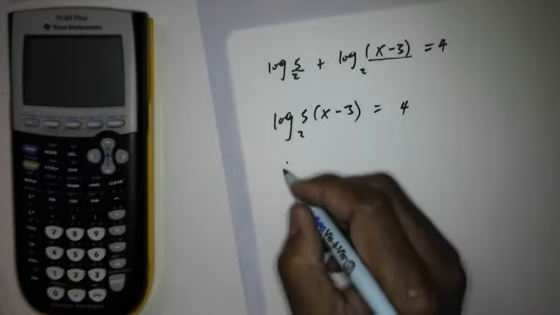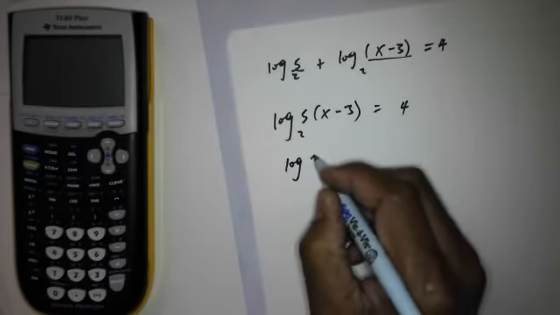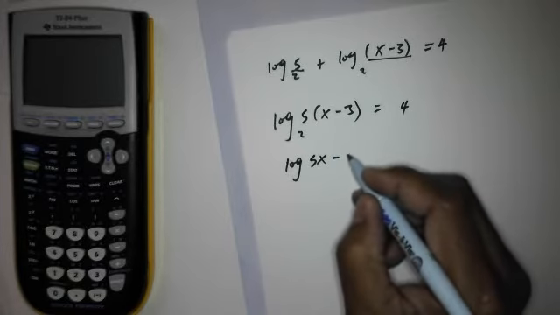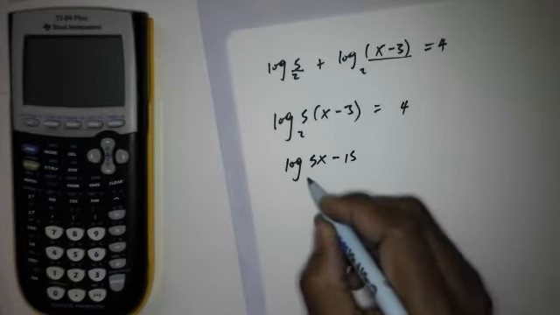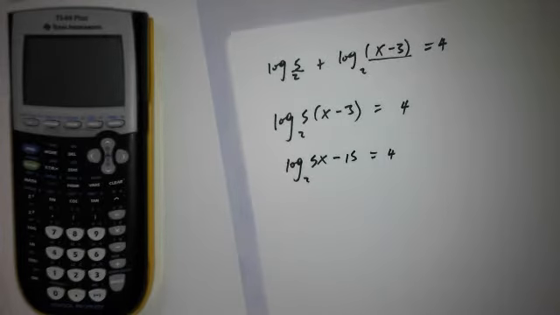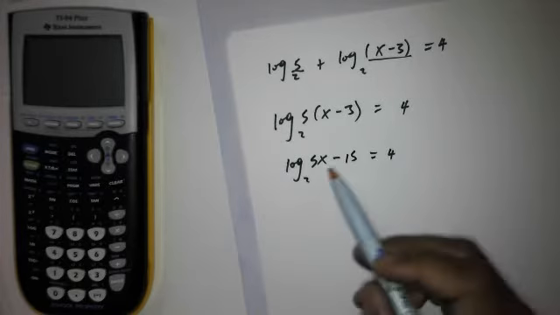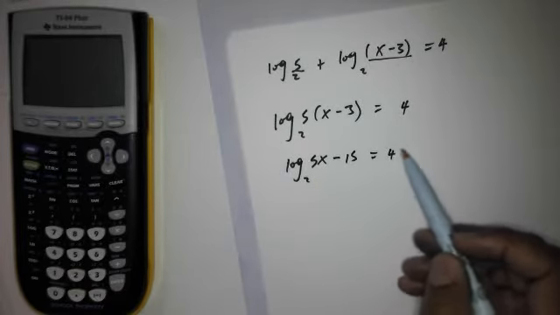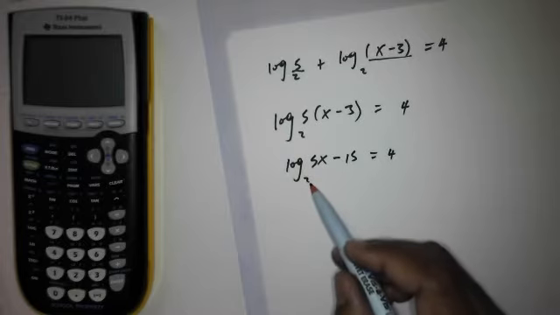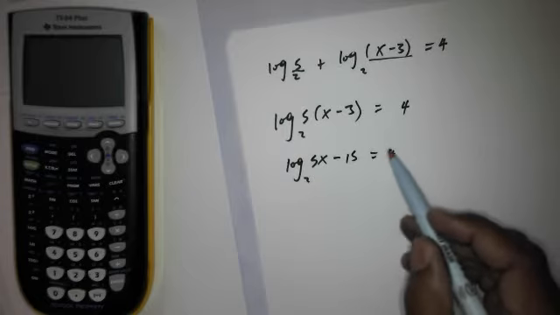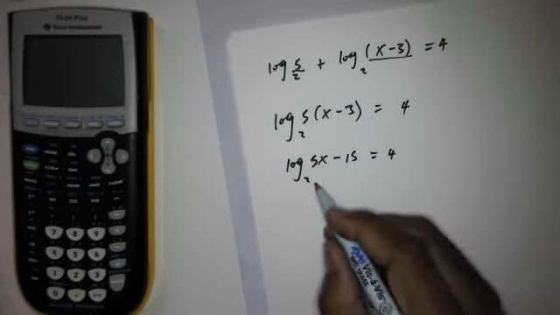So let's expand the parentheses. That is log 5 times x, that's 5x, minus 5 times 3, that is 15, base 2 equals 4. And again, we're going to apply the exponent law. Once it's a log with a base equal to a number or constant by itself, then this base will be the base on this side, and the number on this side will be the exponent for this base.